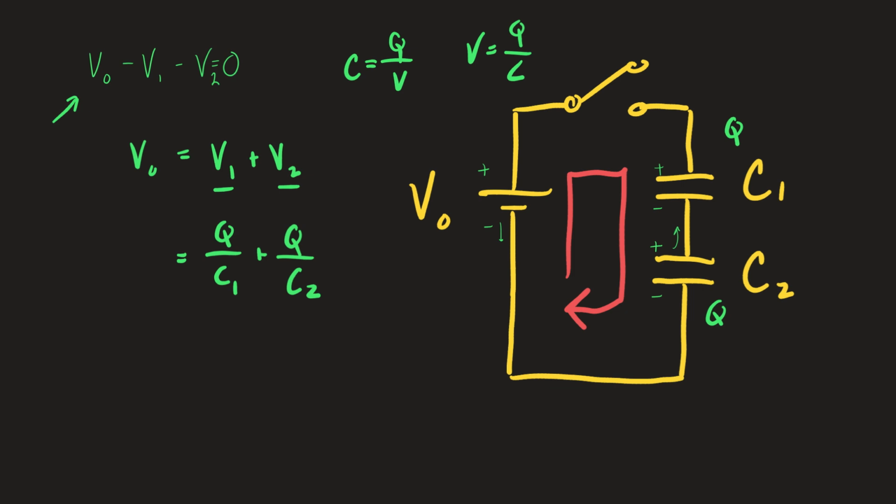We know Q has to be the same for both. Now this gives me pause, and I want you to think about this. The battery doesn't know that there's two capacitors out there. The battery just supplies a potential difference and delivers charge.